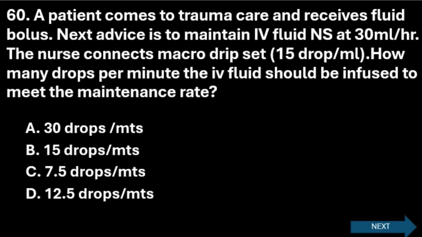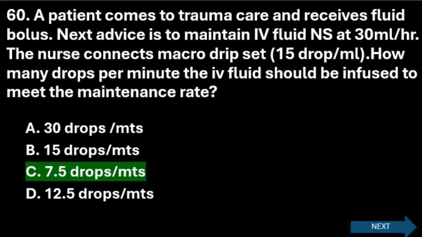Option A, 30 drops per minute. Option B, 15 drops per minute. Option C, 7.5 drops per minute. And option D, 12.5 drops per minute. If you need additional time, please pause the screen and do the calculation and go to the right answer. Let me discuss the right answer here.